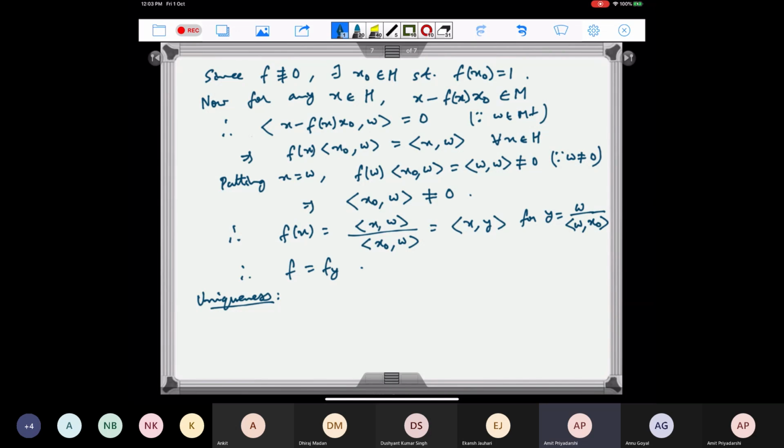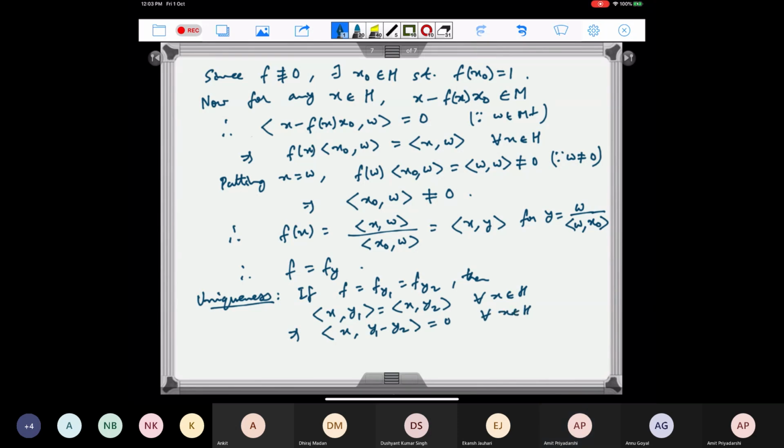So if there is more than one vector, so if f is equal to f_{y1} and f_{y2}, then the inner product of x with y1 is equal to x with y2 for every x in H. But this implies x with y1 minus y2 is equal to 0 for every x in H, and then we can put x equal to y1 minus y2.